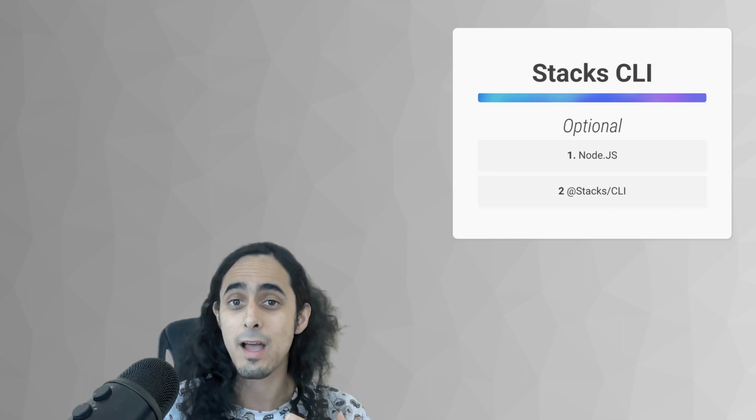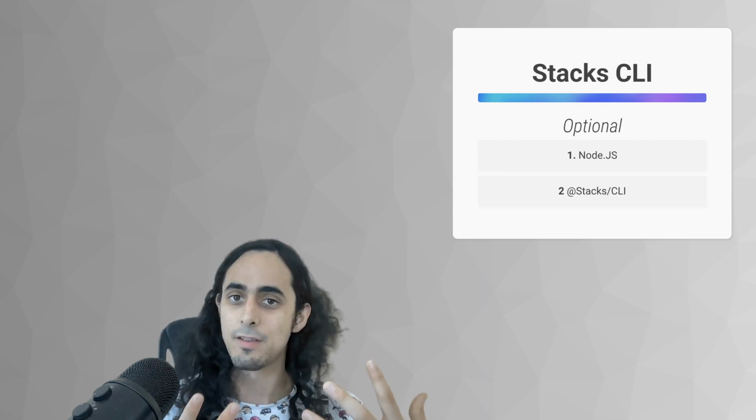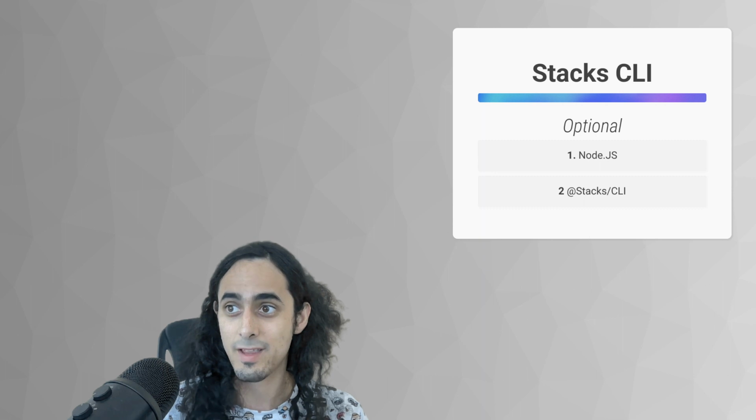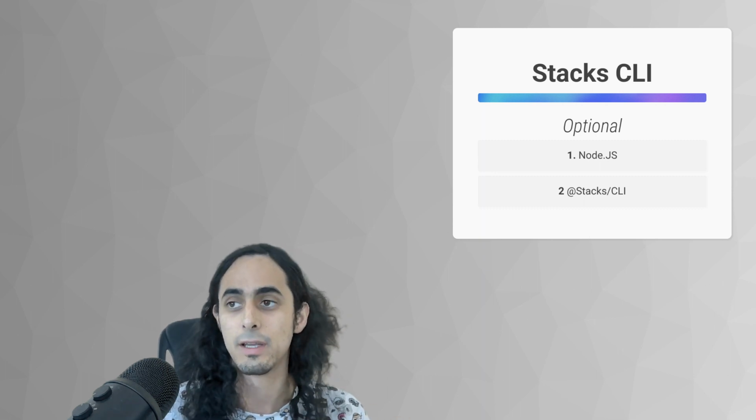Now, most of these APIs and most of the technology and infrastructure that's built around Stacks exist in the JavaScript world. Why? Because most of the tool sets for accessing a blockchain are built for a browser primarily.